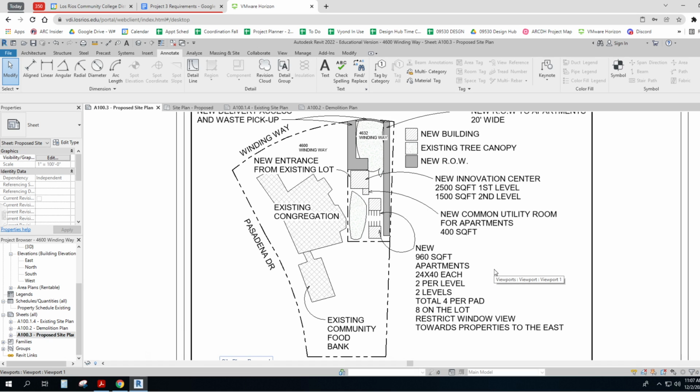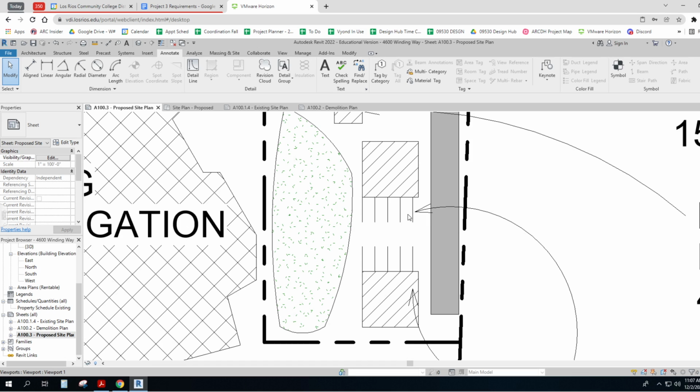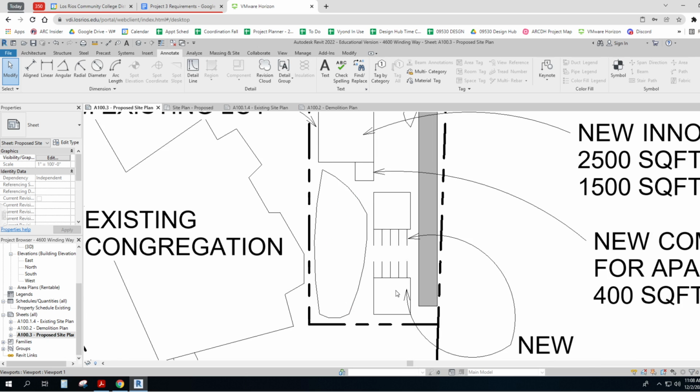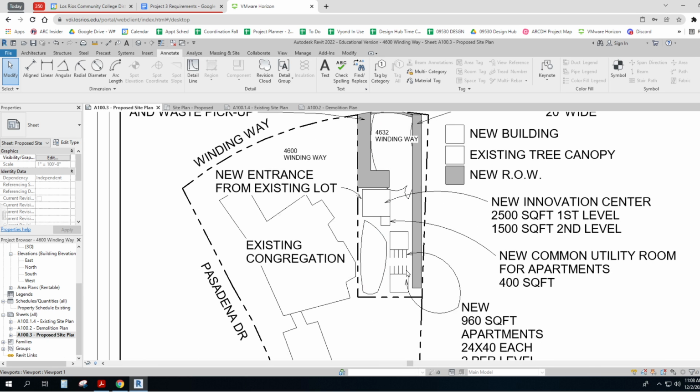And that's just, it's going to be a lot easier to get this approved if these people aren't worried about being spied upon. And so I put those in there, and then I put in 4 parking places. I could probably put in more, but I'm going to go with those for now. I put in a right-of-way so that you could get over to these. And then, remember we talked about these are fairly small.